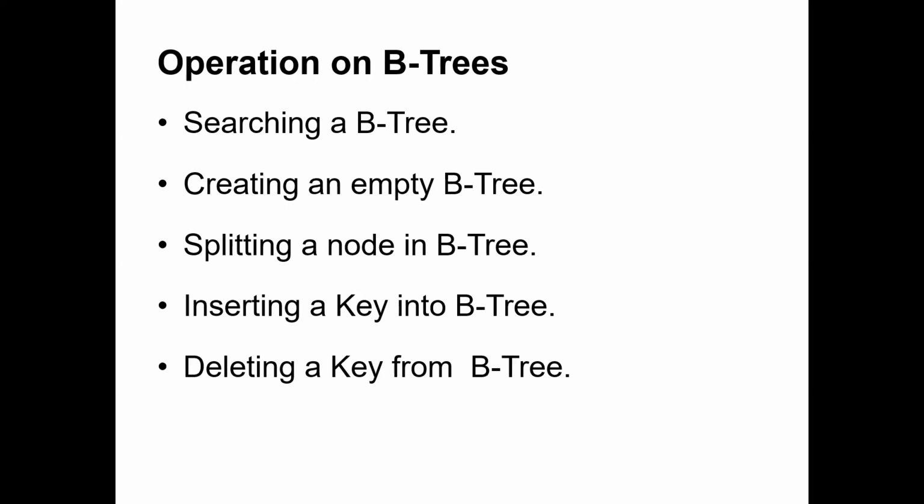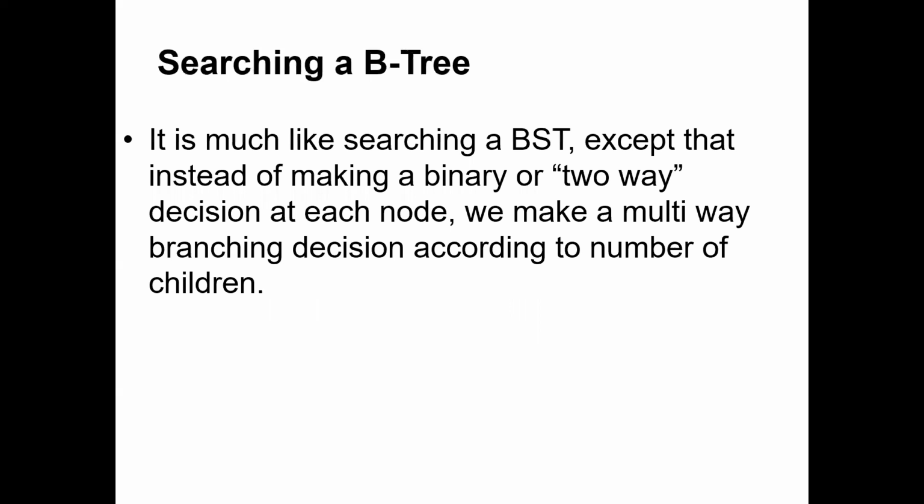Next, these are a few operations on the B tree: searching a B tree, creating an empty B tree, splitting a node in a B tree, inserting, and deleting. So searching is much similar to a BST, but the only difference is that rather than searching two-way, right or left, you have multiple options to search. And definitely the tree is ordered.